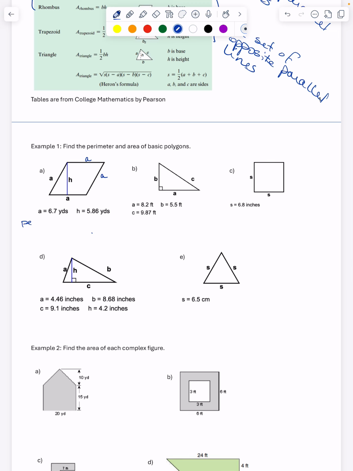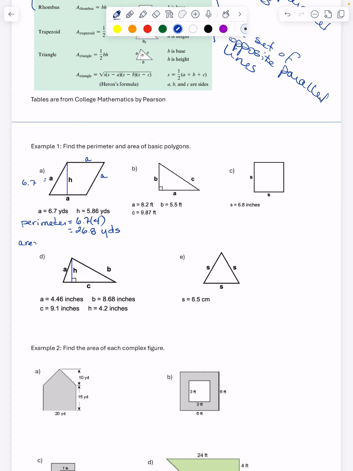So the perimeter is going to be that 6.7 yards. Tells us A is 6.7. 4 times that, we get a perimeter of 26.8 yards.